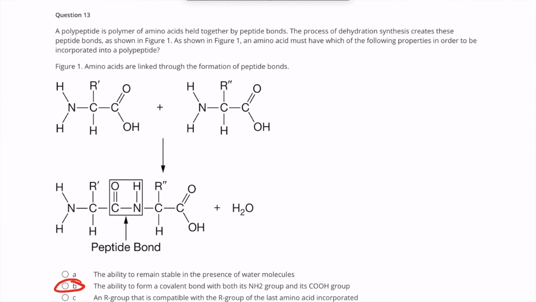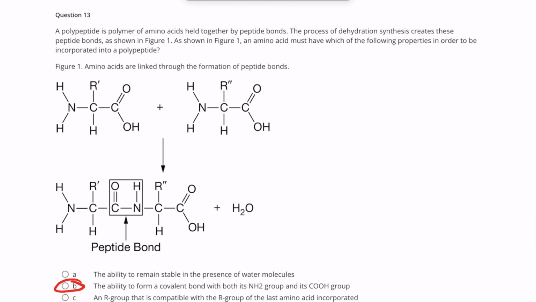Now, if you keep reading, C says an R group that is compatible with the R group of the last amino acid incorporated. That doesn't explain it at all, because the R groups have nothing to do with taking an amino acid and bonding it with another one. With R groups, we look at proteins going through primary, secondary, tertiary, quaternary structural processing to become a functional protein, and we'll see R groups have something to do with that.